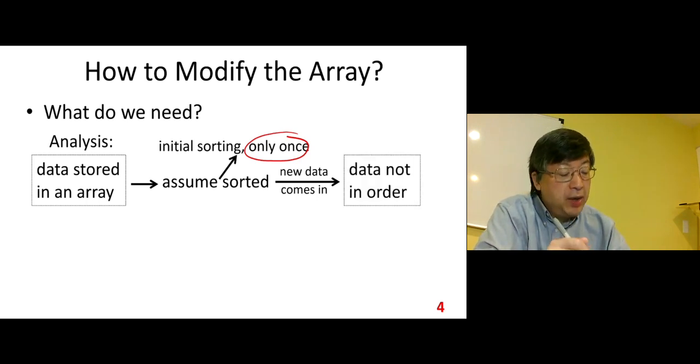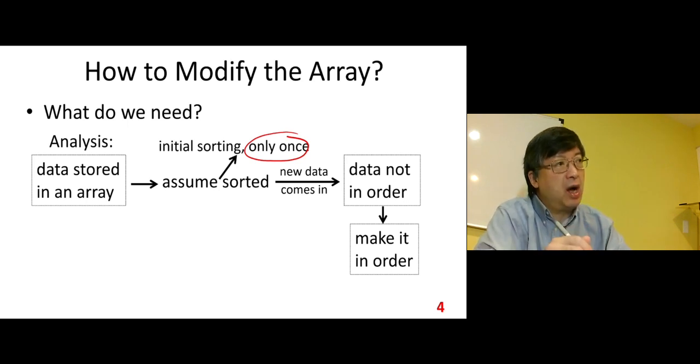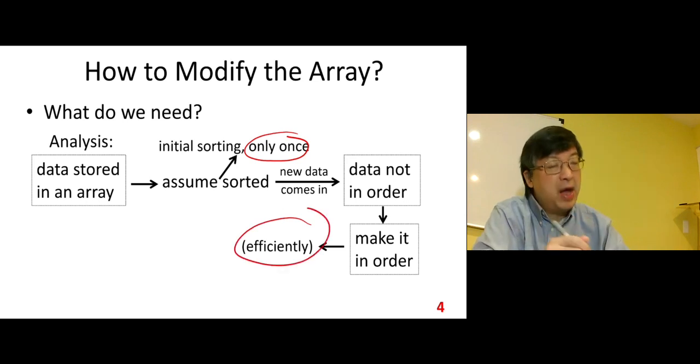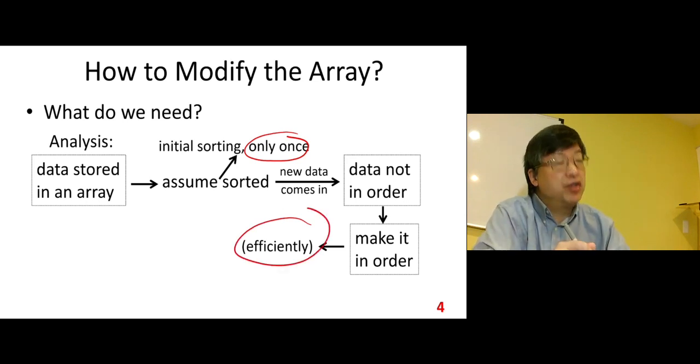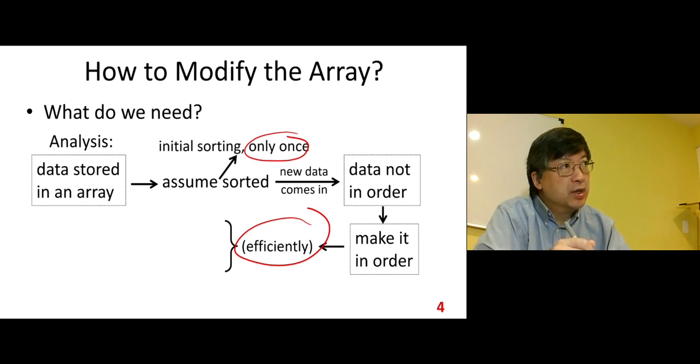After that, when new data comes in, the data is not in order, and we want to make it in order. We need to fix it, to recover the order. But to do so, we need to pay a cost. How high is the cost? We want that step to be efficient.